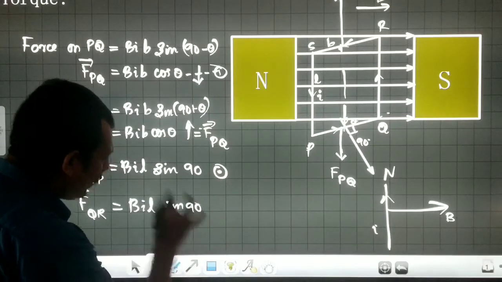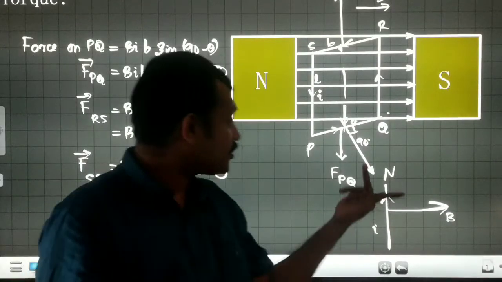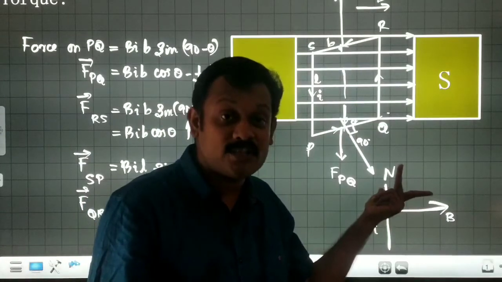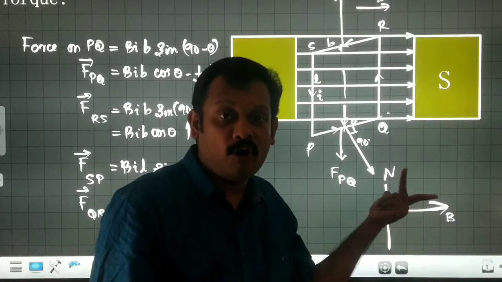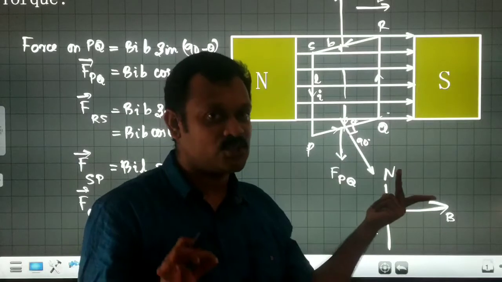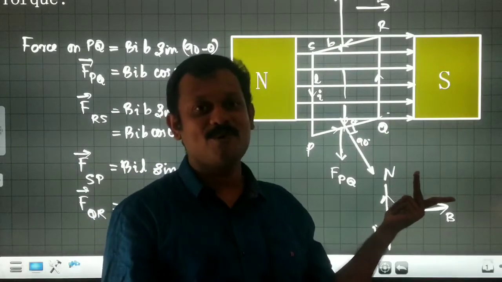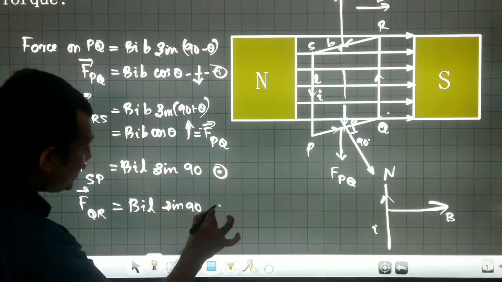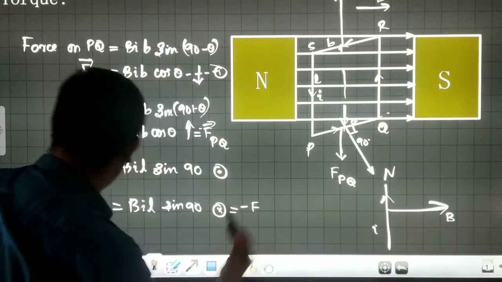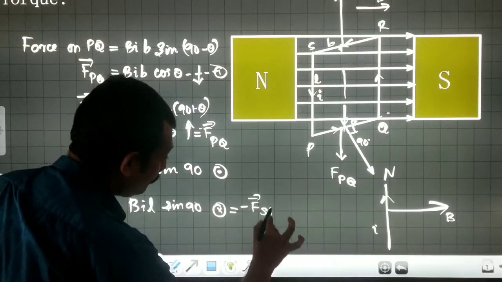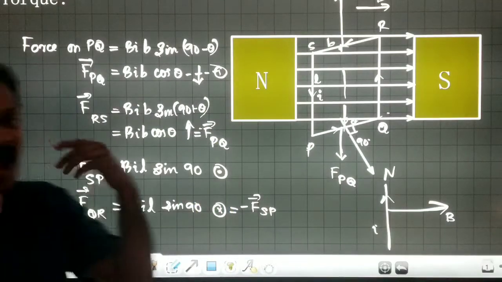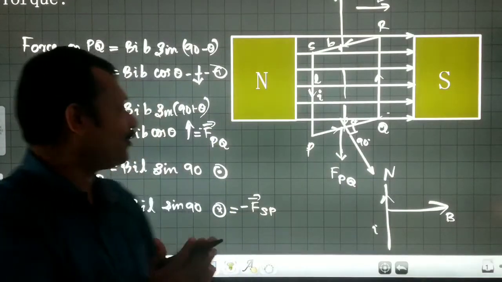But this time the current element is upwards, the magnetic field is towards the right, and the magnetic force is into the plane of this board. When you draw in your notebook, it is into the plane of your notebook. And this is equal to minus FSP.